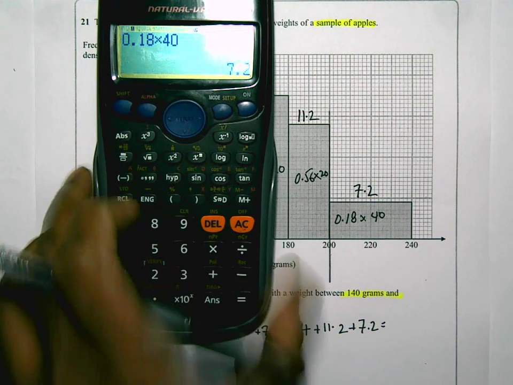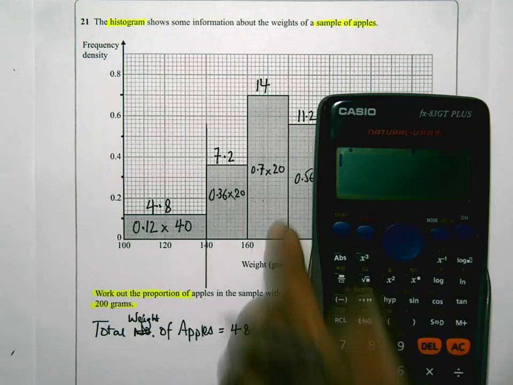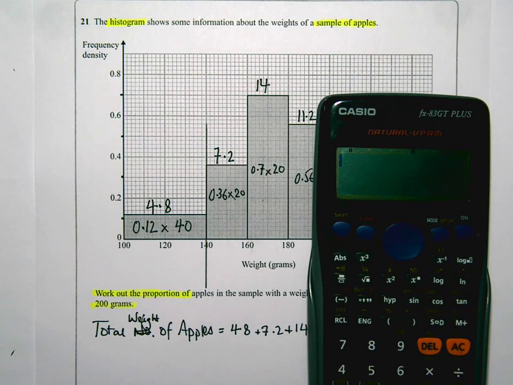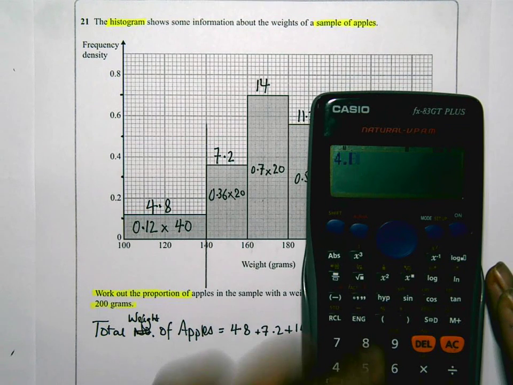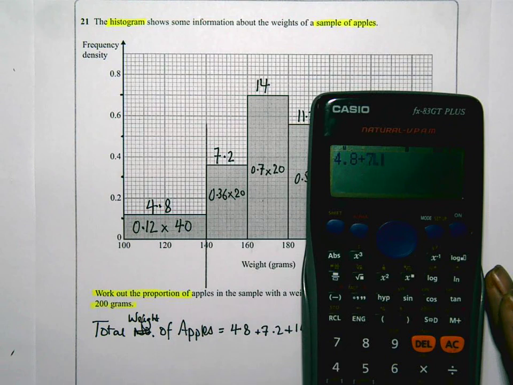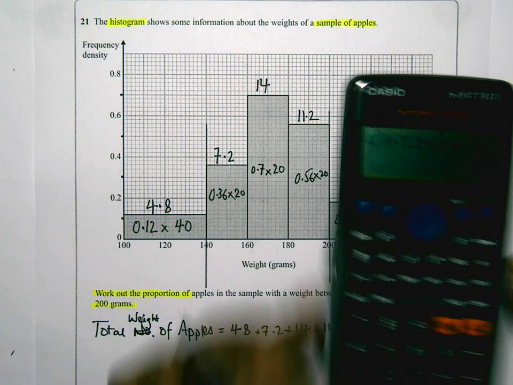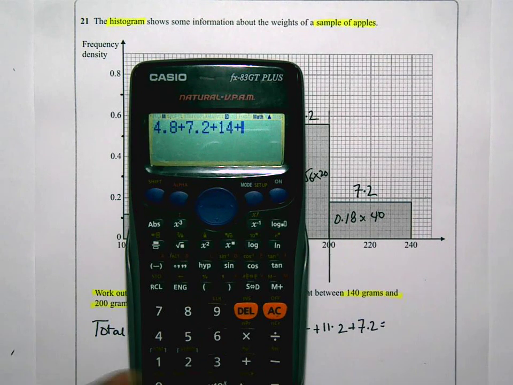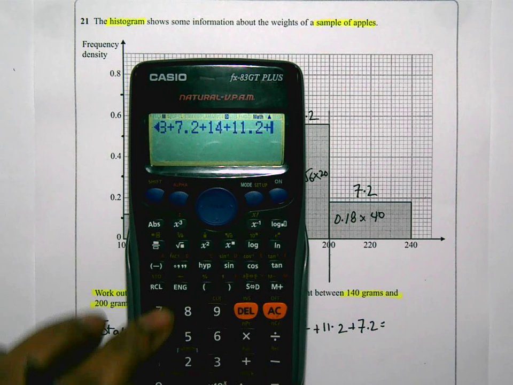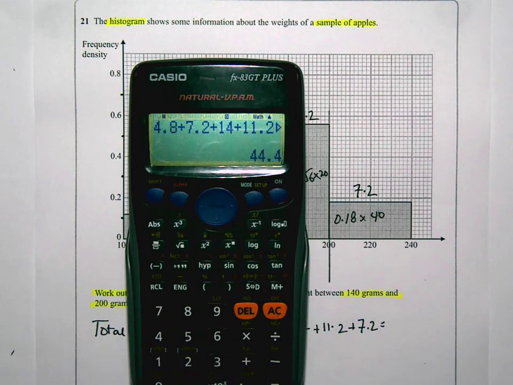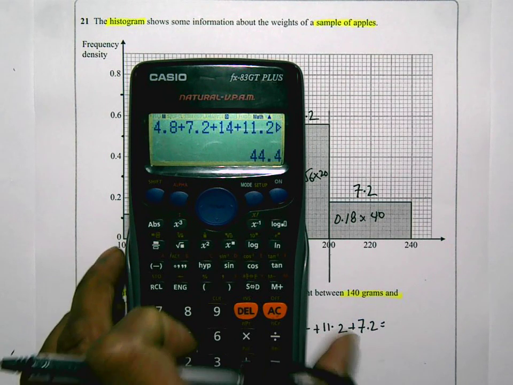So I've got 4.8 plus 7.2 plus 14 plus 11.2 plus 7.2, and that's going to equal 44.4. So 44.4.